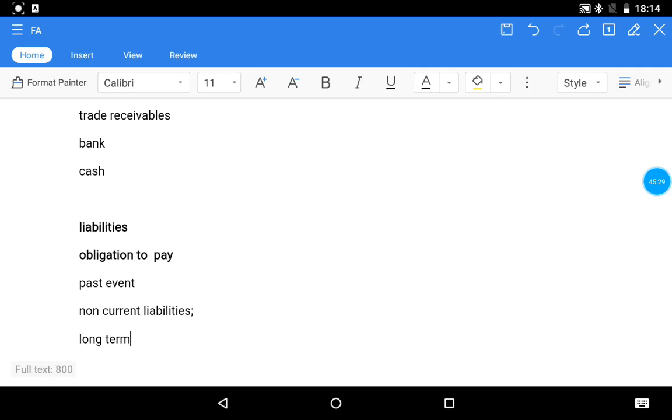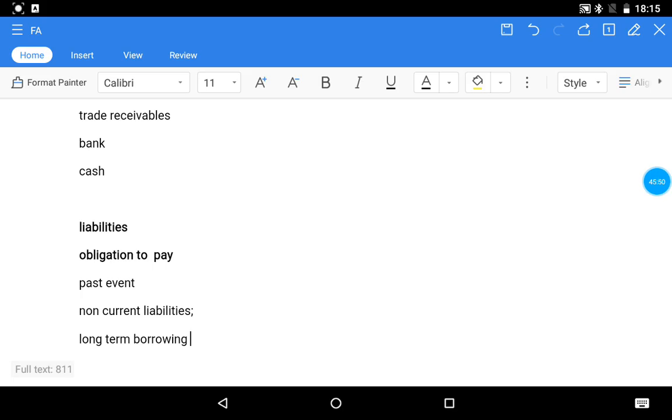You need to clear it, but it resulted from a past event, the event that you did previously, not in the current period. So we have long-term borrowing.